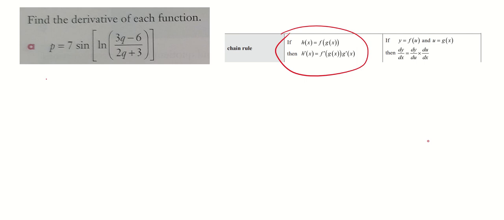So if I'm trying to differentiate p, I know that when I differentiate sine, it turns to cosine. Okay, so I know it's going to be 7 cosine of all this stuff in the brackets. Okay, which is the first part.